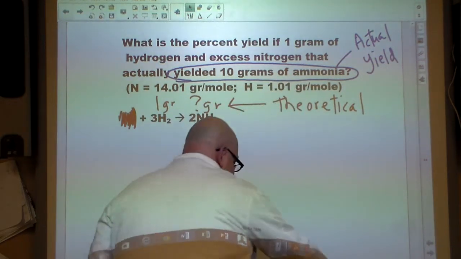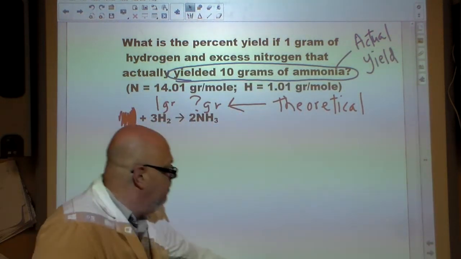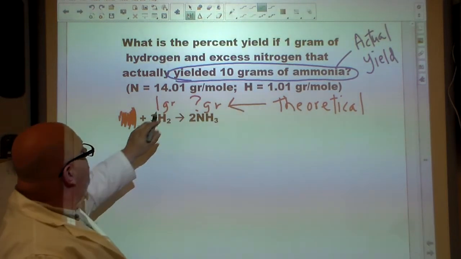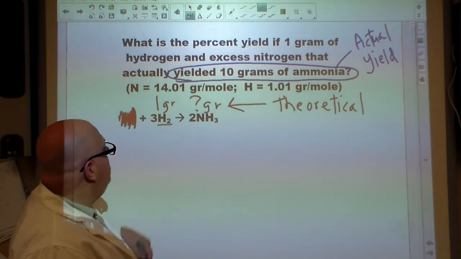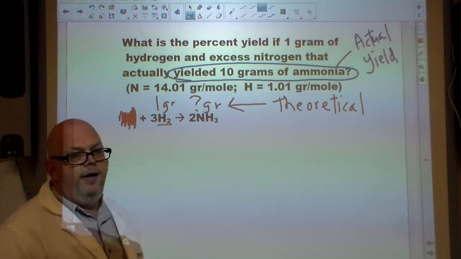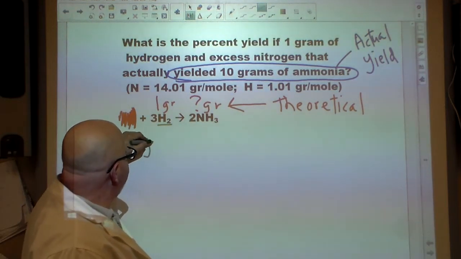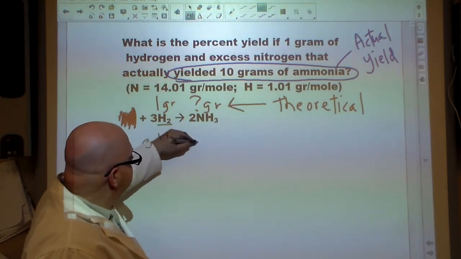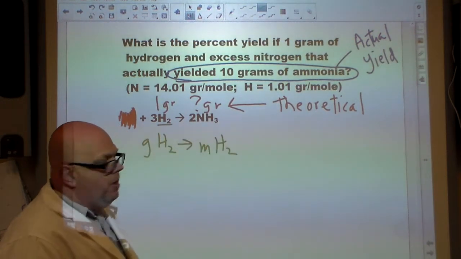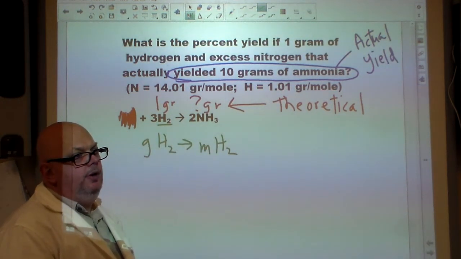Okay, let's go. So, given that we have 1 gram and we have our hydrogen here, we have to go from grams of hydrogen to moles of hydrogen. That's what we need to do.